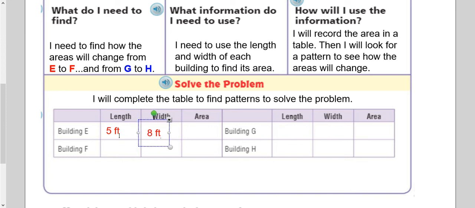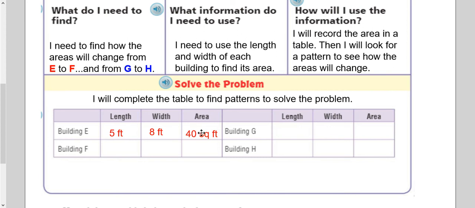And because we were all very proficient, quick with our times tables, we know that length times width, or 5 times 8, is going to give us 40 square feet. So there's our first building right there.